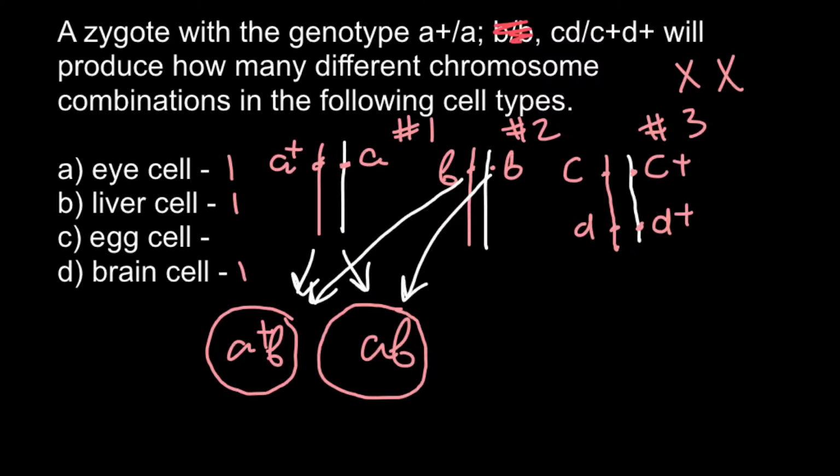So how many different variants we may have here? Because the egg cell is the result of the meiosis between these two homologous chromosomes, we can see crossing over, and this crossing over would create new variants of the gametes.